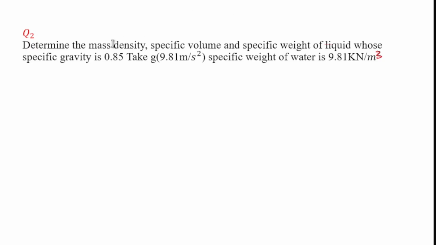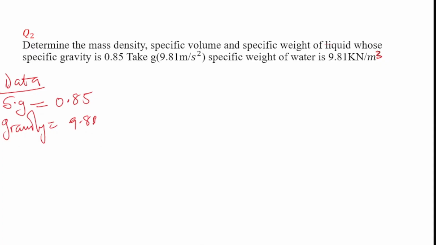Now, the first thing you do is you get your data. You're given data. From the data you were given, you were first given the specific gravity, to be 0.85, right? Then we're given acceleration due to gravity, which is 9.81 meter per second square.